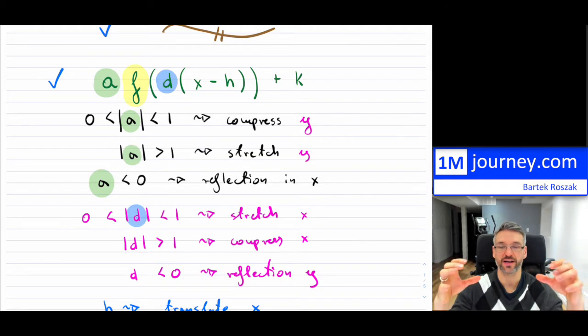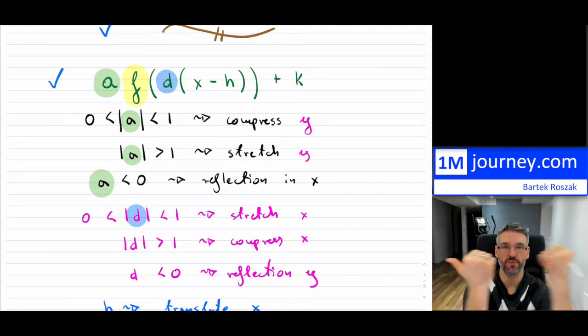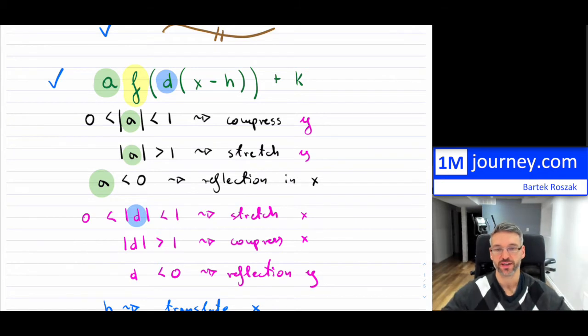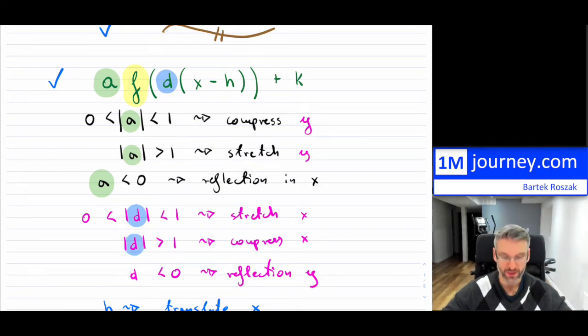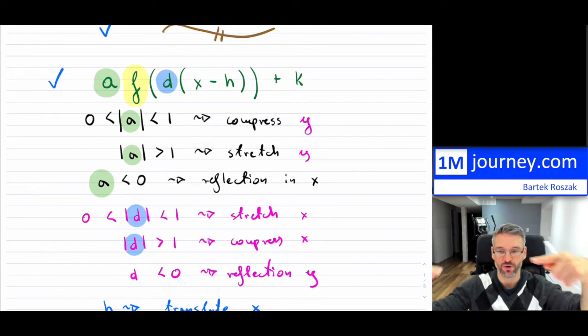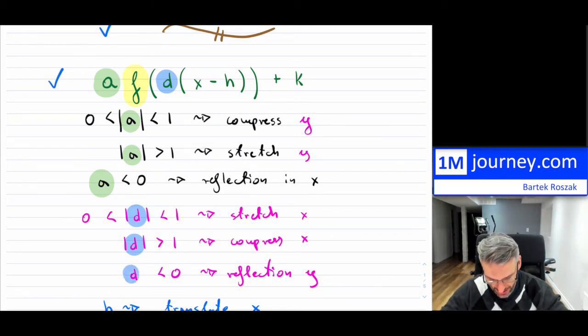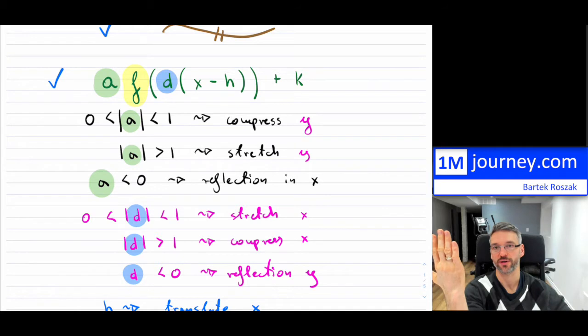So it causes not a compression, but it stretches things out. So it pulls the functions apart in this direction. And then if d is greater than 1, then it actually compresses it in. So it compresses those functions inwards. And then if d was less than 0, so if it becomes negative, then all of a sudden we have a reflection in the y, so it just flips over.